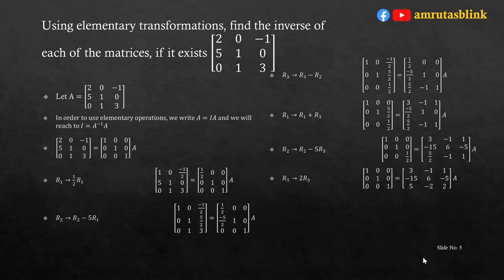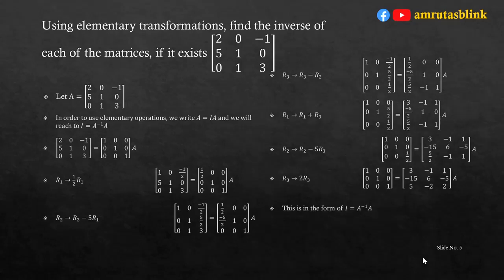If you observe row 3, that is 0, 0 and 1 by 2, which should be equal to 0, 0 and 1. So we will simply multiply R3 by 2, that is 1, 0, 0, 0, 1, 0 and 0, 0, 1 is equal to 3, minus 1, 1, minus 15, 6 and minus 5, 5, minus 2 and 2.